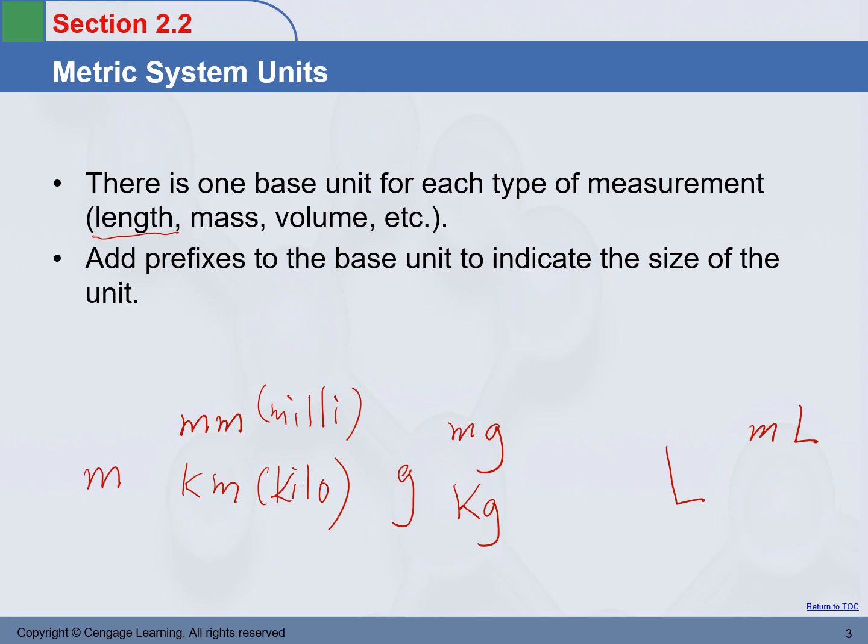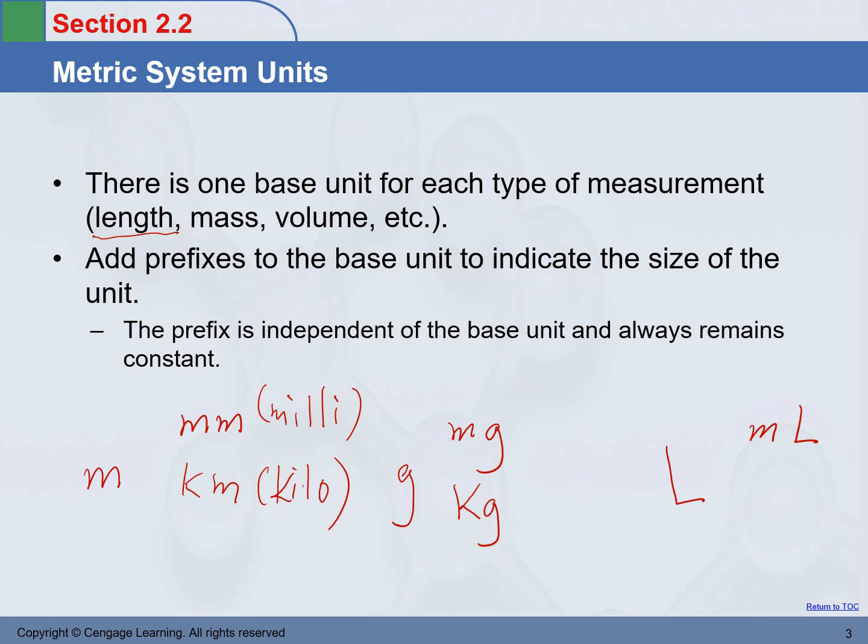But again, there are prefixes you're going to use to add to the base unit to change the size of the unit. The prefix is independent of the base unit. In the case of milli, regardless of whether it is length, gram, or liter, it has the same meaning. So is the kilo.